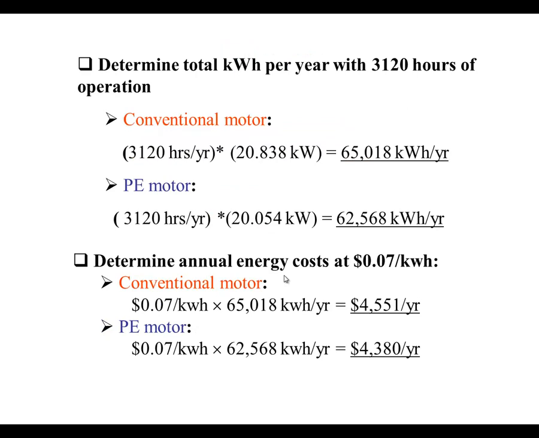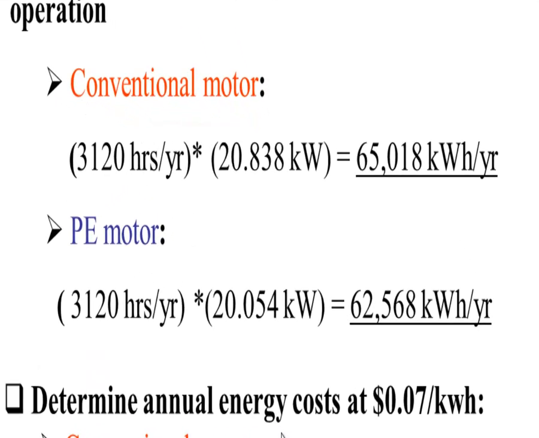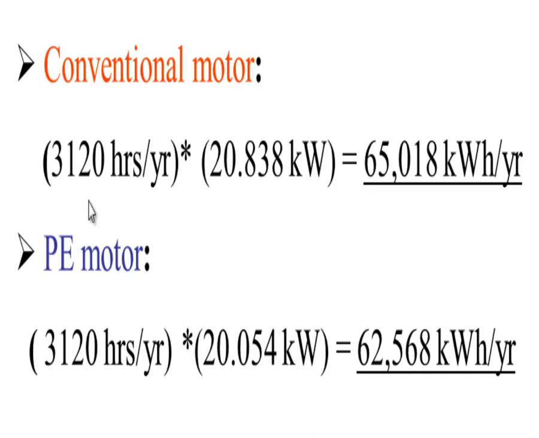Now we determine the total kilowatt hour per year with 3,120 hours of operations. For the standard motor, we multiply the number of hours of operations per year by the kilowatt input that we calculated before, and that will equal 65,018 kilowatt hour per year.